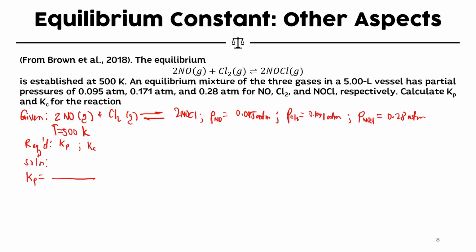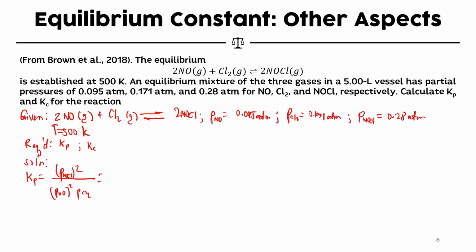Again, it's product over reactant, raised to their respective stoichiometric coefficients in the balanced reaction. Since our product is NOCl, it will be the partial pressure of NOCl raised to the power of its coefficient, which is 2, all over the partial pressure of nitrogen monoxide raised to the power of 2 multiplied by the partial pressure of chlorine gas.